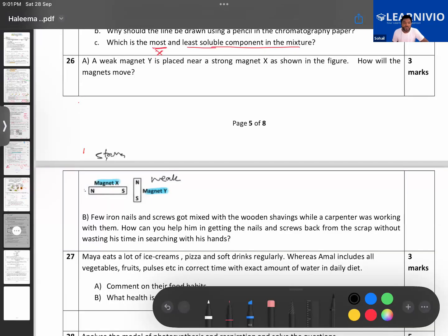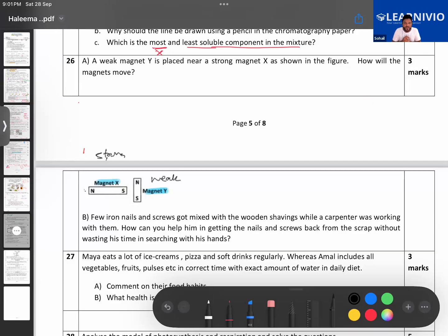All right. So we know that when a weak magnet is placed near a strong magnet, the movement of the magnet will depend upon the orientation of the poles, how the north and south pole have been oriented.